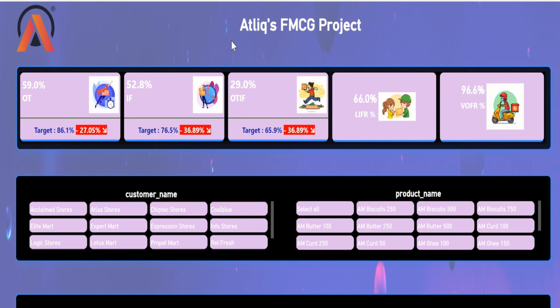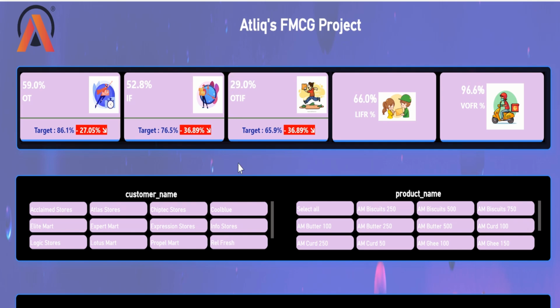On the last card you can see VFR, which is looking quite good, but the rest of the 4 cards don't look quite pleasing as their percentages are not that good. If you compare them with their target, you can see the difference is very huge. 27%, 36%, that's a lot of difference.